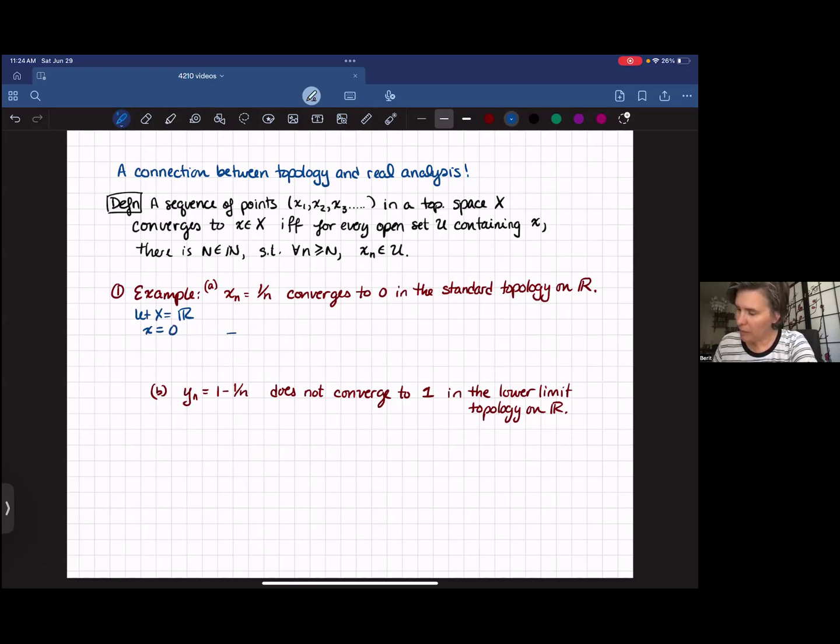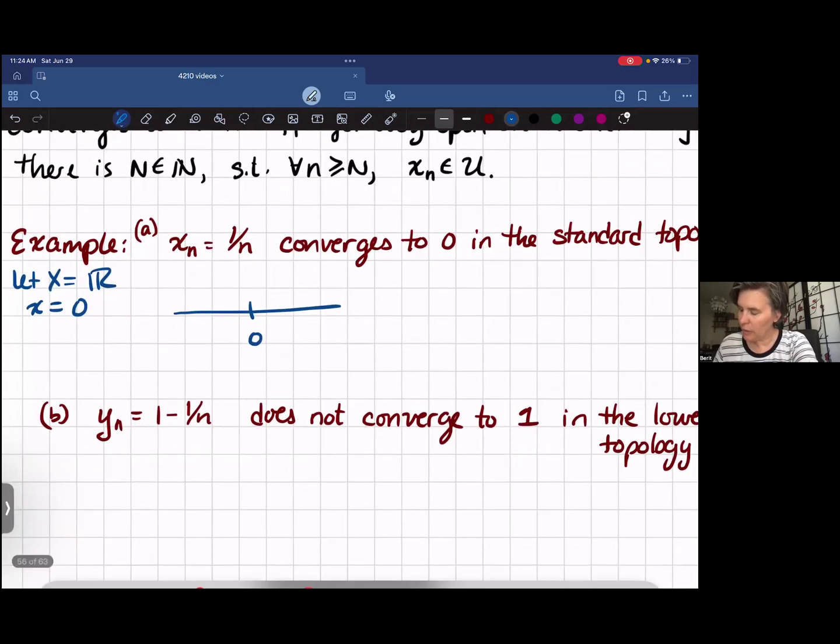So I'm going to look at my number line. There's my number 0. And the definition says I want to think about every open set U containing x. So let me also draw the points on this sequence here. I'm going to zoom in a little bit. So here's 1, 1/2, 1/3, 1/4, and so on, right?